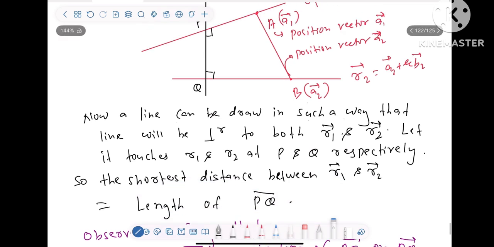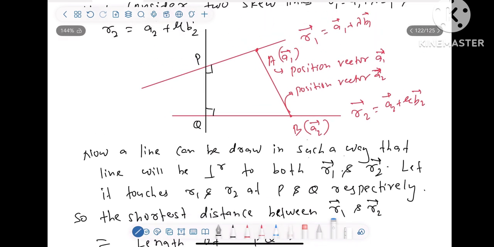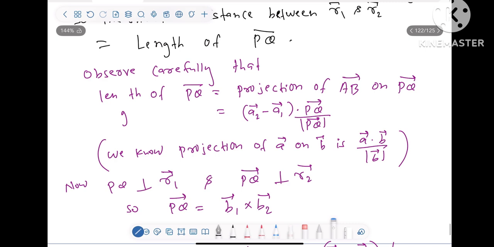Now observe carefully: the length of PQ is equal to the projection of AB on PQ.